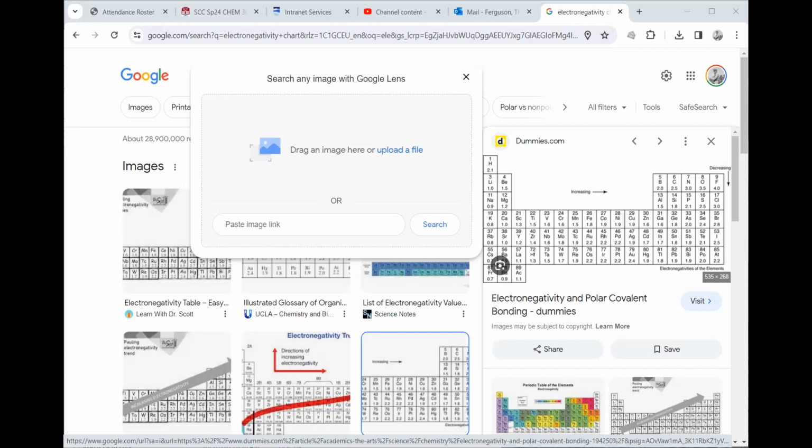All molecules, no exceptions, have London dispersion forces. So let me talk about that. And we can abbreviate that as LDF.